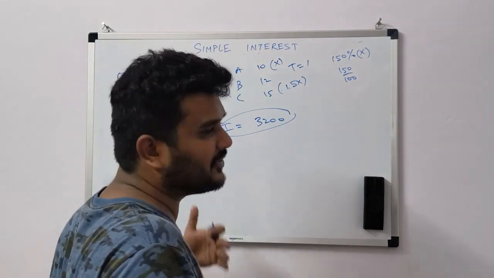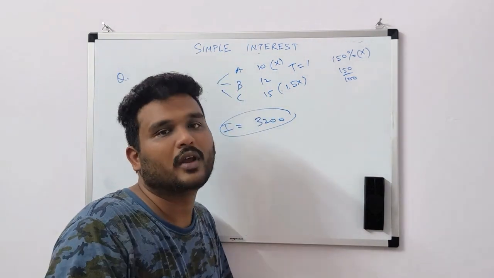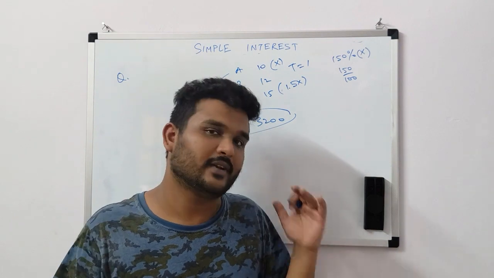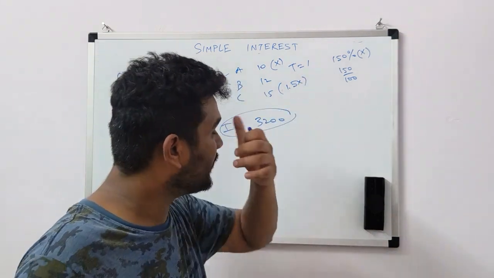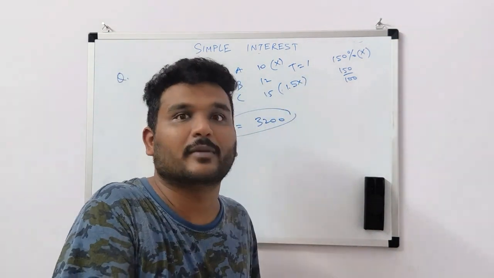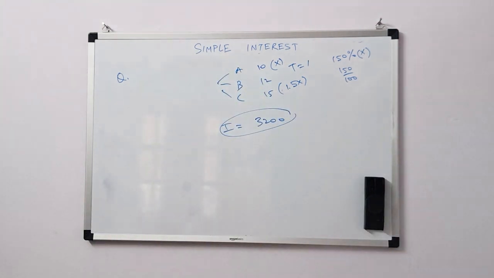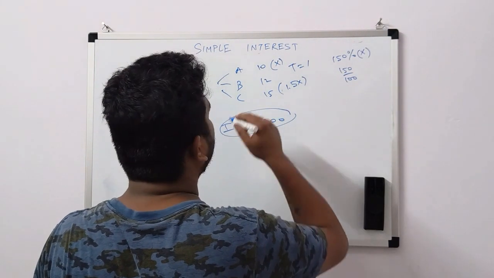So you can directly write 150%, that is 50% more. You can revisit the percentage lecture where I have explained this in detail, but always look at 150% of something as 1.5 times that something. So 150% and 240% of that invested in B.